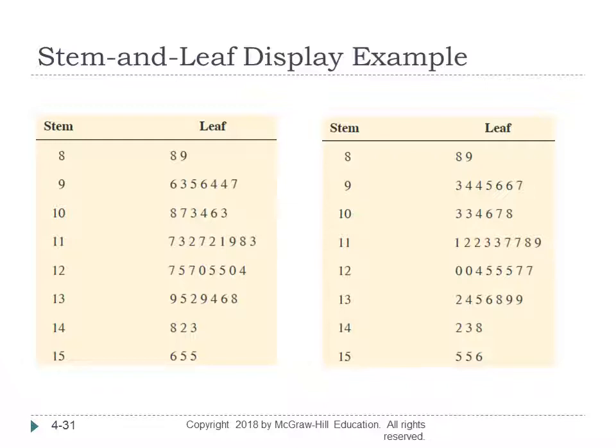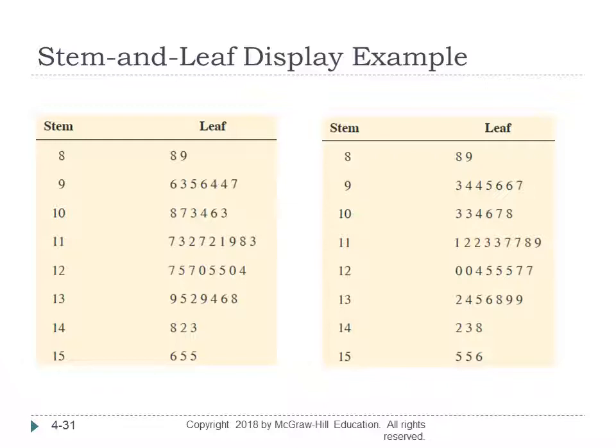For the stem 9, there are several leaves. Each leaf will represent different data values. For example, you'll have 96, 93, 95, 96 again, 94, 94, and 97. All of these data values are in the original set.